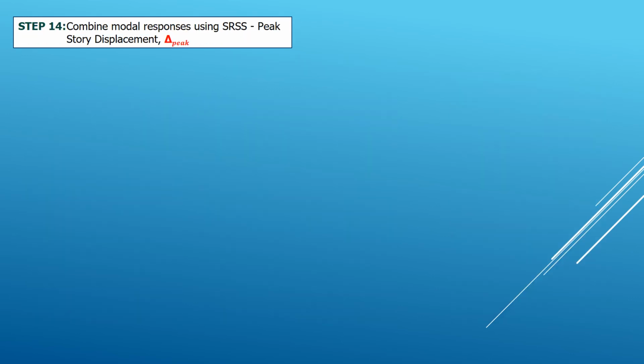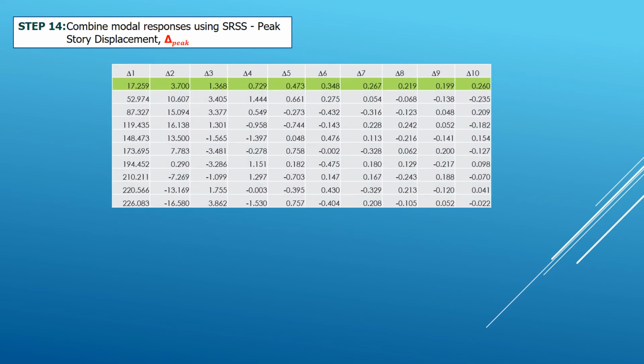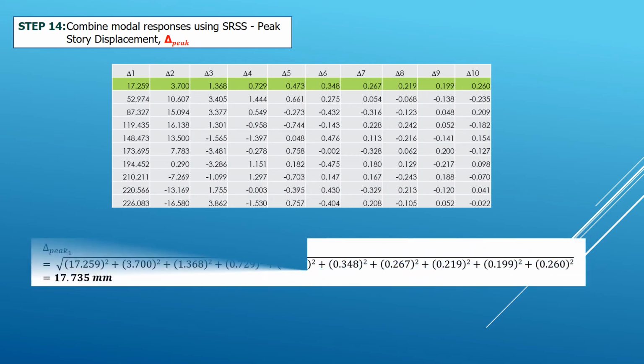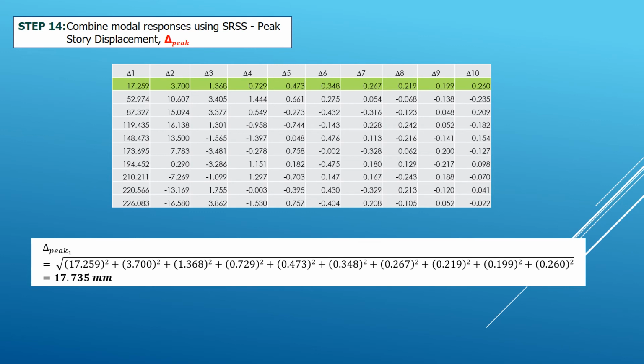So, step 14, combine modal responses using SRSS for peak story displacement delta peak. So, kunin naman natin ang peak story displacement using this formula. Lahat ng value ng first floor sa lahat ng mode ay gagamitin para makuha si delta peak 1.